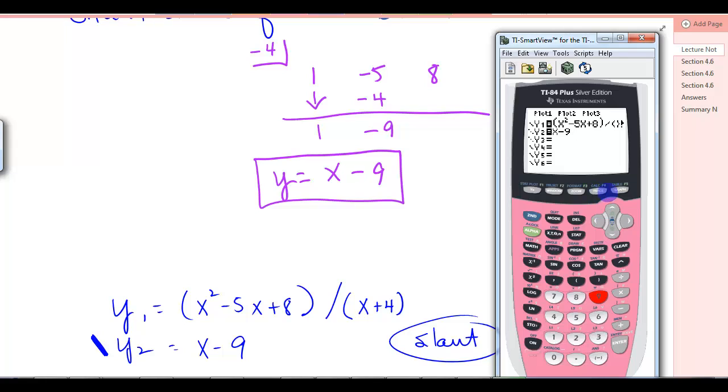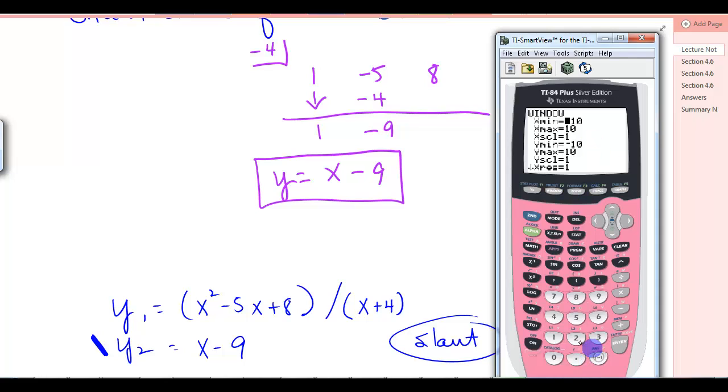All right. Let's hit graph and see what we get. I probably had it on zoom 4, so let's do a zoom 6. Okay, and we're really getting just part of this graph. Here's our one asymptote. Over here is our -4. I think let's change this window a little bit.